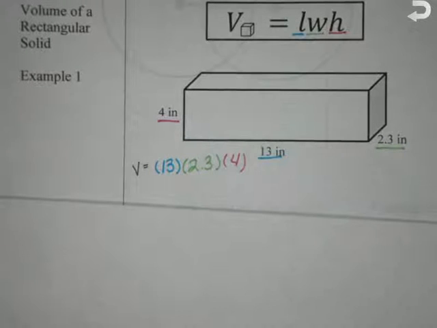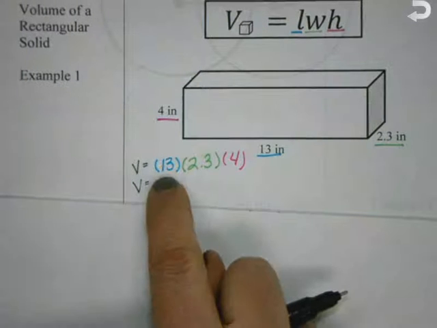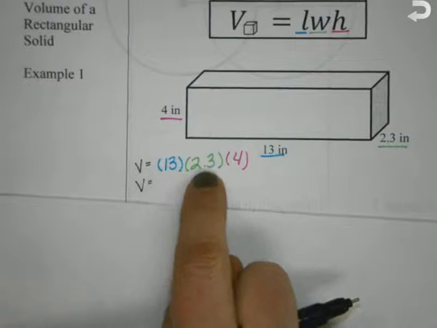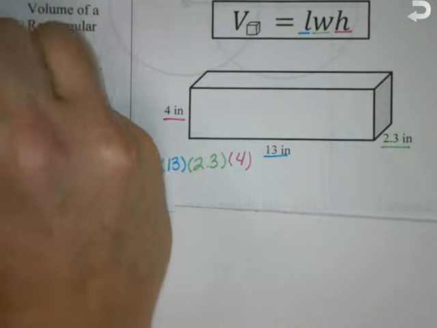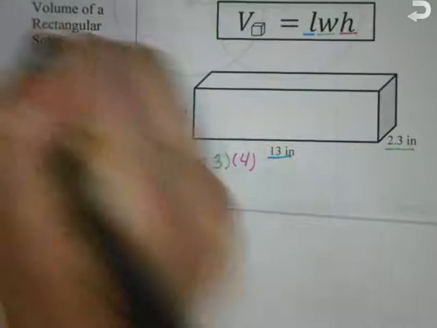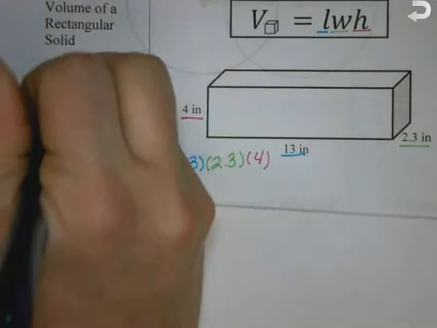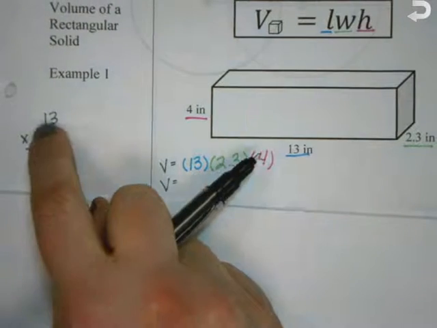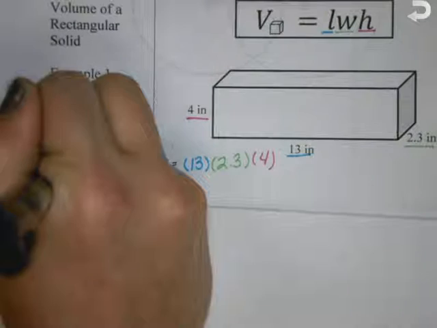So that is volume equals. Let's do 13 times 2.3 first. So I'm going to do that work off to the side. 3 times 3 gives me 9. And 3 times 1 gives me 3. Placeholder. 2 times 3 is 6. And 2 times 1 is 2.